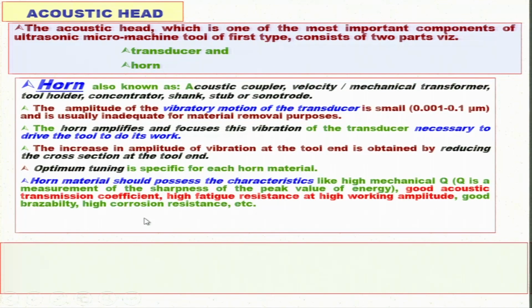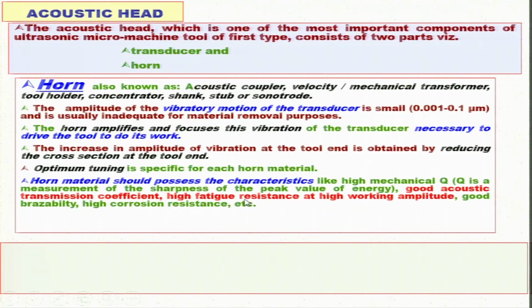Horn material should possess characteristics like high mechanical Q. Q is a measurement of the sharpness of the peak value of the energy. Good acoustic transmission coefficient. High fatigue resistance at high working amplitude. Good machinability. High corrosion resistance, etc.